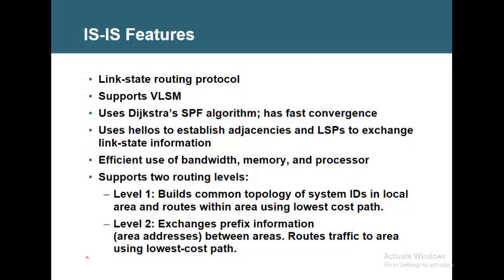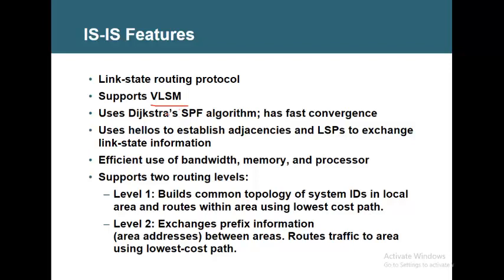Now, some of the features of ISIS. As you said already, it's a link state routing protocol. It supports variable length subnet masks, meaning it is a classless routing protocol.